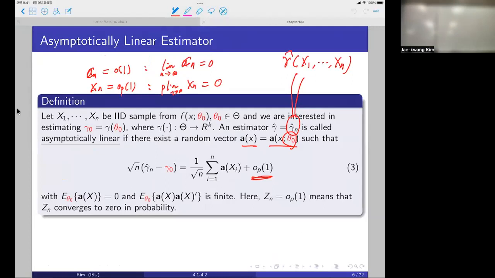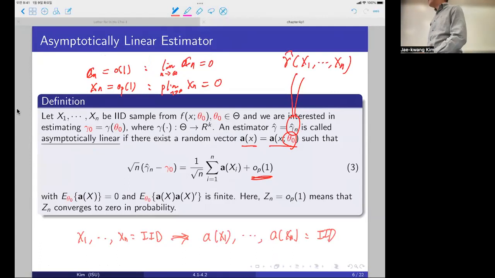But if you can obtain this expression, we know x_i is IID, so x_1 through x_n IID implies that g(x_1) through g(x_n) are also IID. That's an important result that we use to obtain the central limit theorem for this summation term, the leading term.